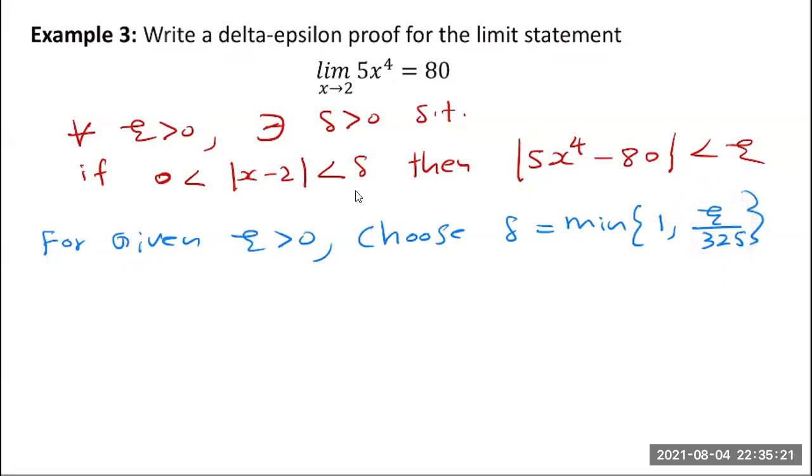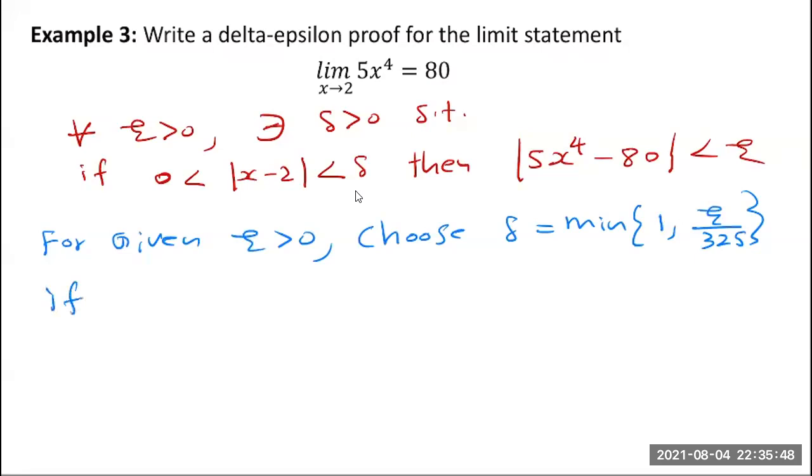I'll tell you how I come up with this and why I take the minimum of these two quantities. One thing you can observe is that if you take your delta to be the minimum of these two things, then the absolute value of x minus 2 has to be less than 1. So let's start the proof.